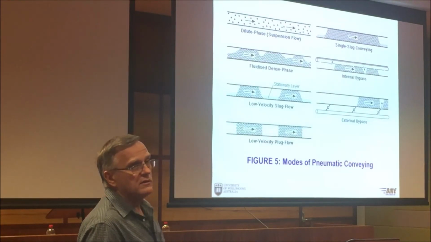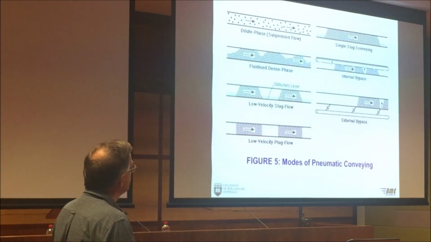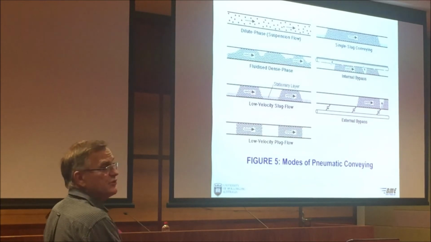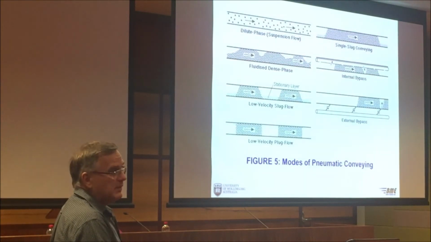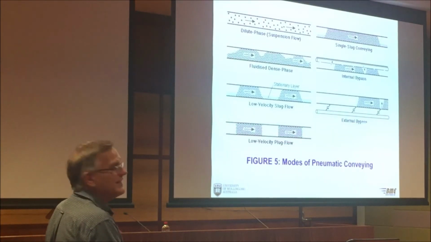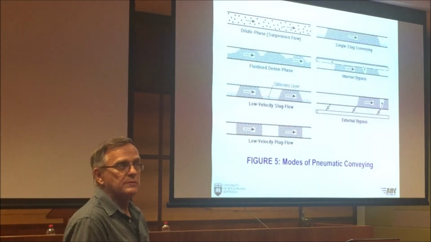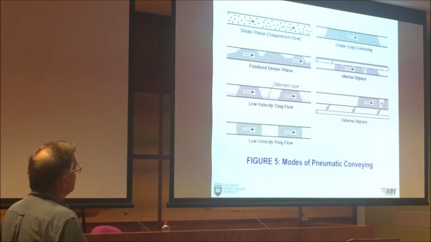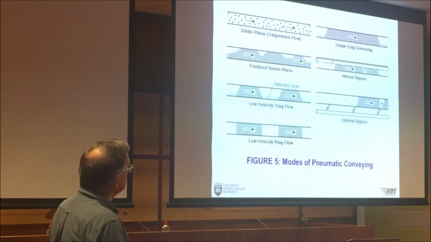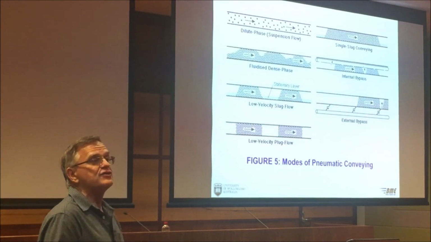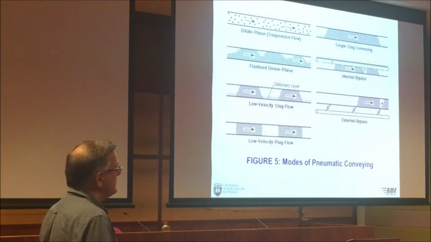So if you've got like a chemical product application or pharmaceutical, something like that, you can't use the internal bypass because some material can be left in the tube. That's not allowed. So you have to use a clean in place system like an external bypass. So depending on the application, we go one way or the other. So these materials with an assistance can be conveyed still efficiently in a dense phase mode.